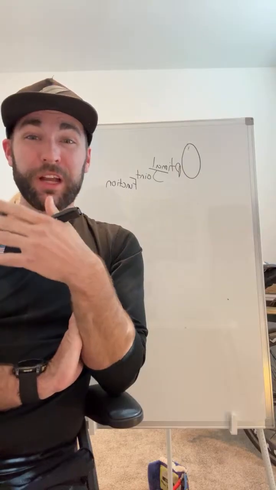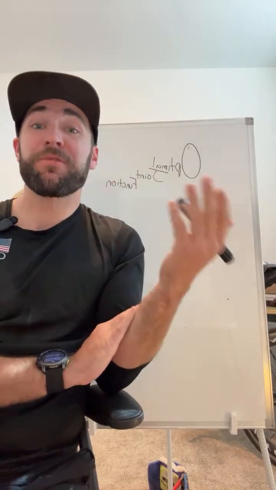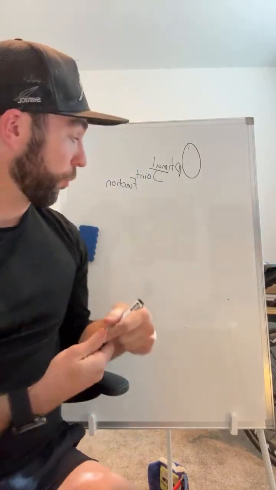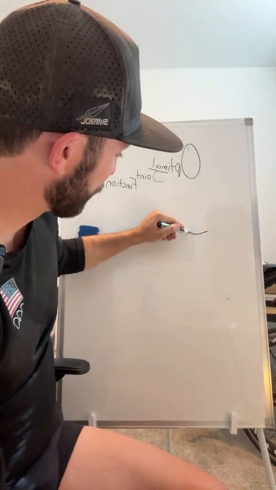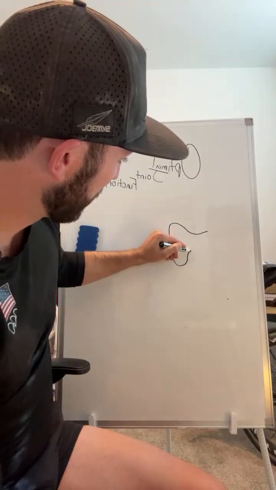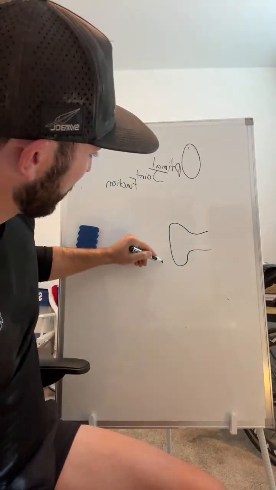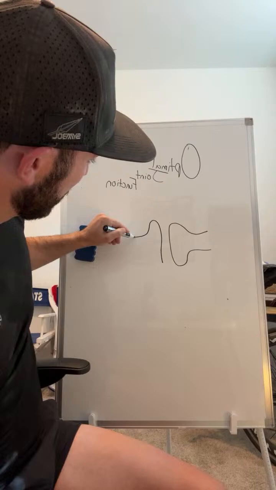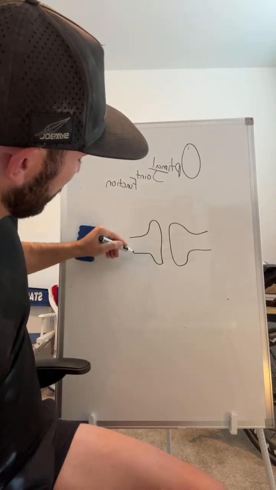Now, in our last video, we really got into the weeds about what is a joint. How do we define a joint? And what we said was a joint is where we're going to have two bones. So we're going to have bone number one, we're going to have bone number two.